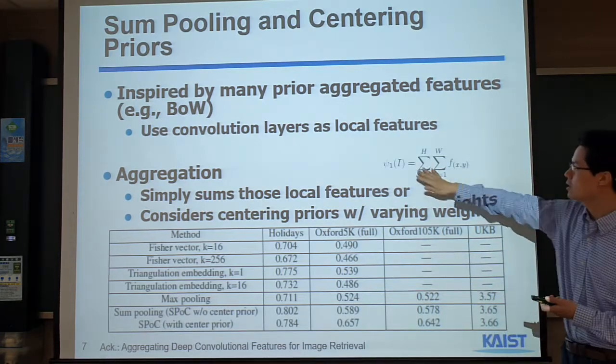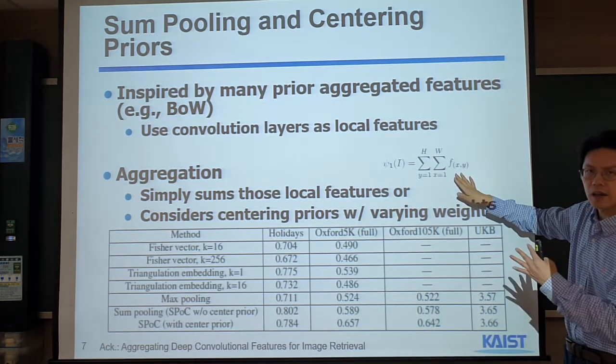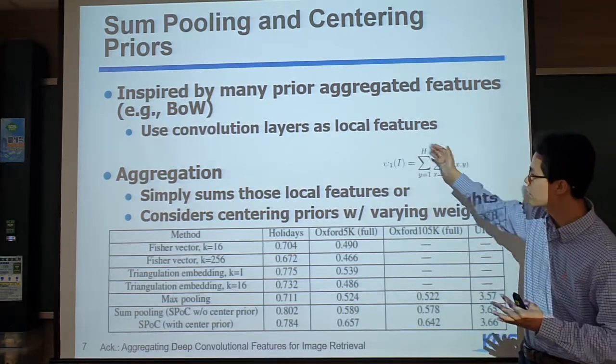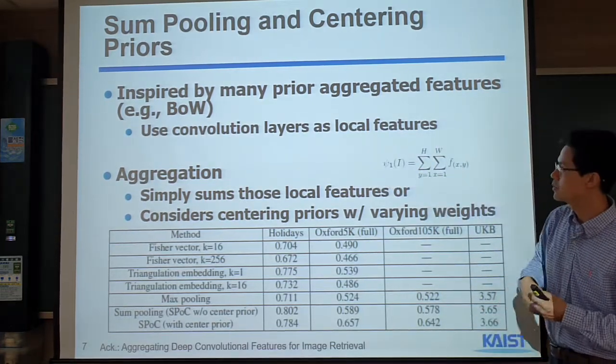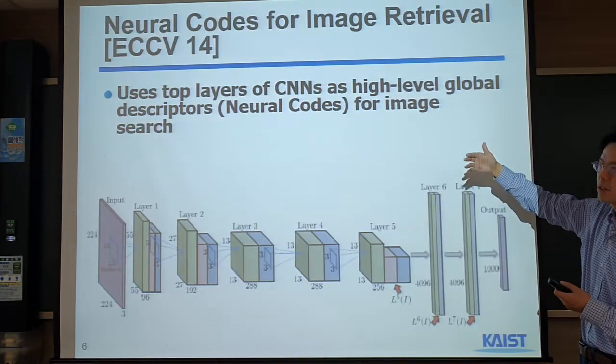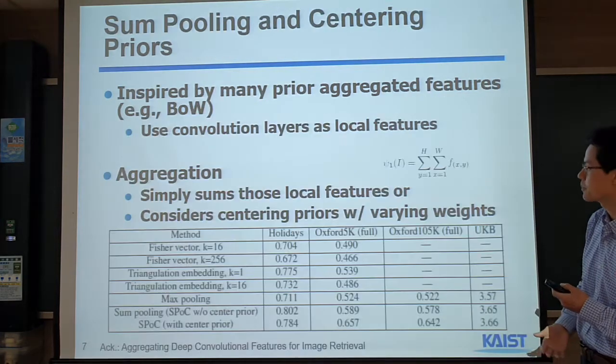Here I have the equation. Basically, it is nothing but aggregating all the local features across the image to compute their neural code, which is their image descriptor based on CNN.